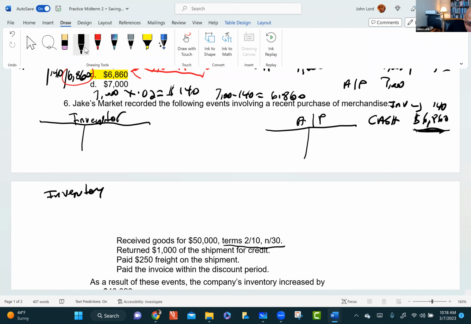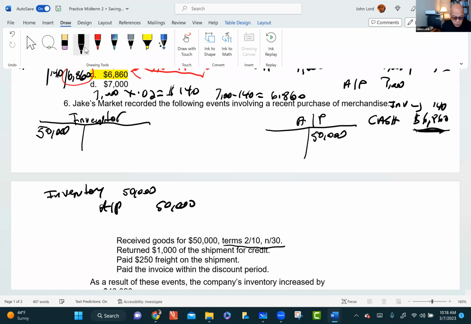You know what, guys? I'm going to go ahead and do all the journal entries and then post them. Debit inventory for 50,000, credit accounts payable for 50,000. What I was thinking about for a minute is that I really could just do this with the T accounts if I'm on an exam and trying to save a little time without doing the posting.